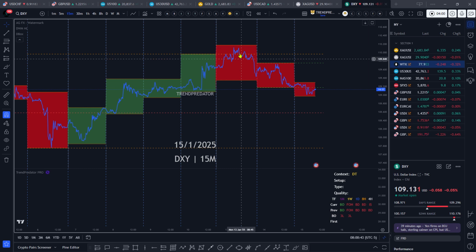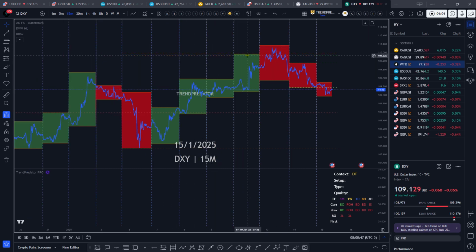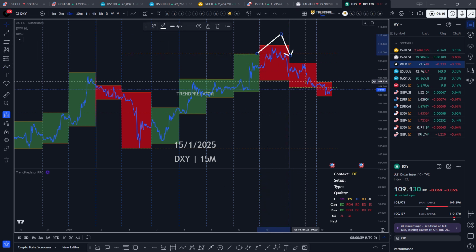As you can see, Monday took out the highs of Friday, which is the high of the week, last week. That orange bracket is last week's range. We took out the highs and came back inside. So that's a fake out high. This here is a continuation of that fake out high. So we had a first red day on Monday with the fake out high on the week.